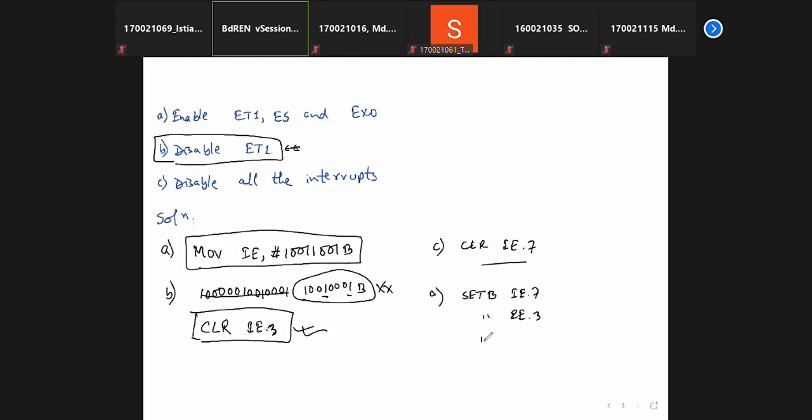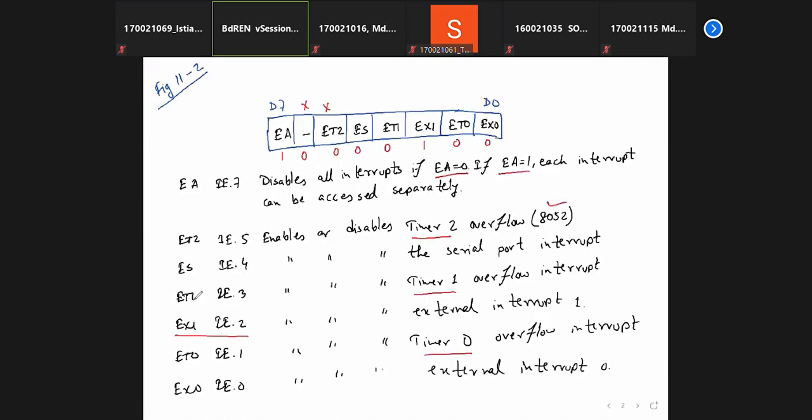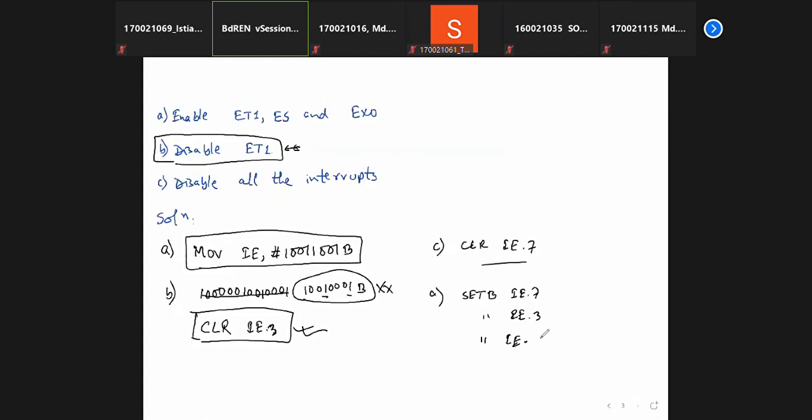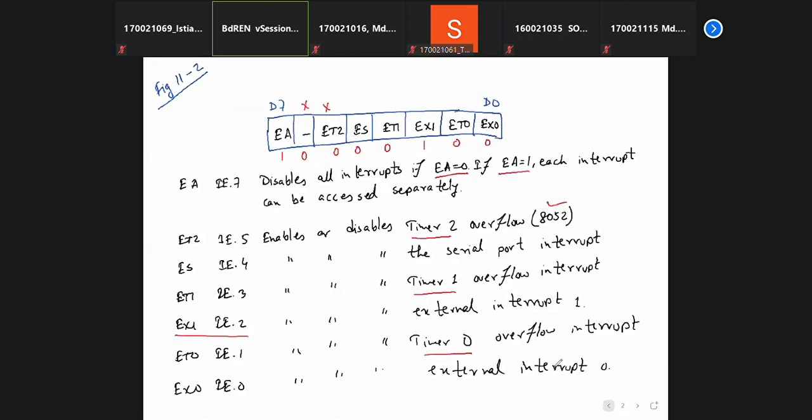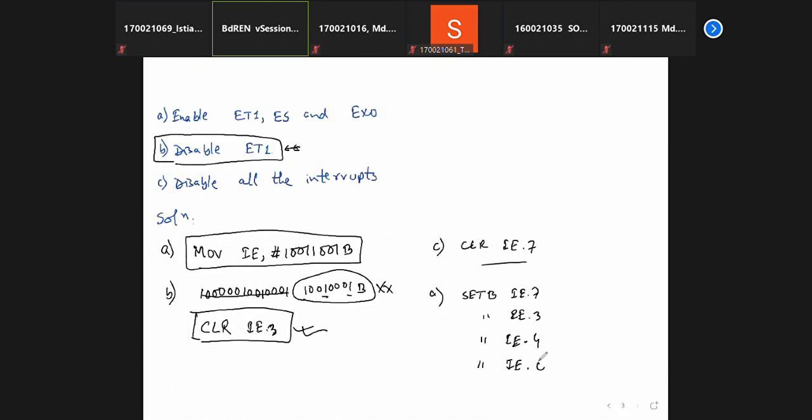So set bit IE.3, then set bit IE dot for ES, which is 4, so dot 4, and set bit IE dot EX0. I think EX0 is 0, right? So this would have been a better solution to question 1, but this is also okay. Is it clear up to this, everyone? Yes, sir. All right, so let's move forward.